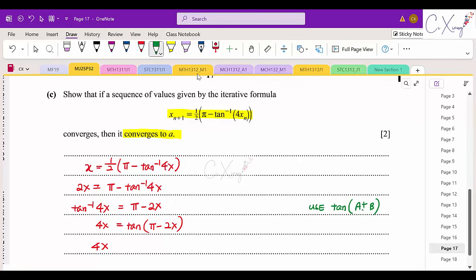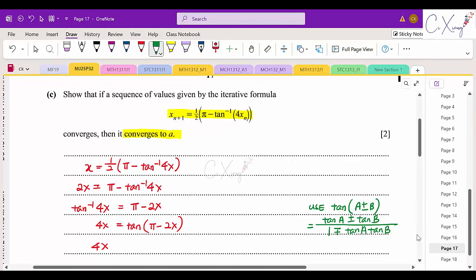The formula is tangent A plus minus tangent B divided by 1 minus plus tangent A and also tangent B. This is the formula for the addition angle in tangent. So from here you can see that I'm having the addition formula, tangent pi minus 2x.